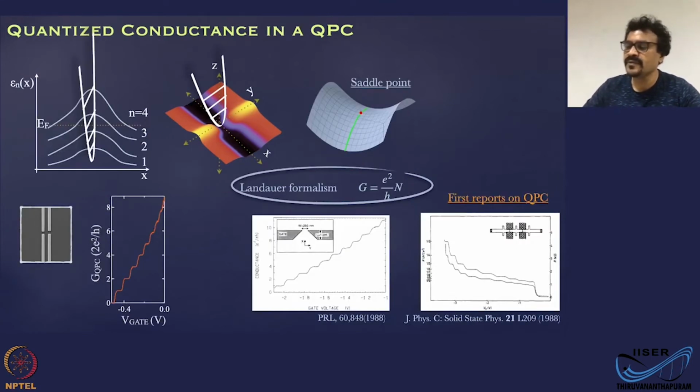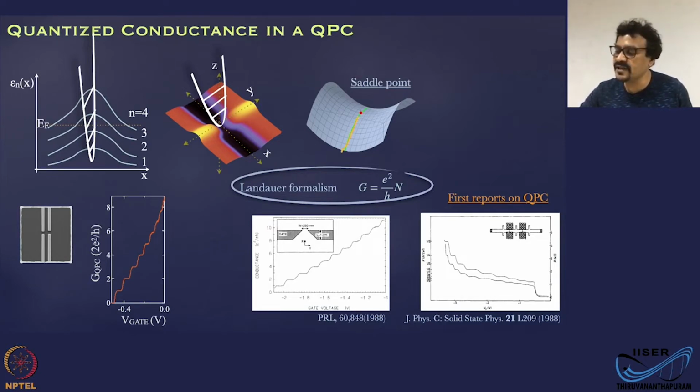Now let's look at the energy levels along the constriction. What you have is a constriction, and not just a constriction, you also have a saddle point in the middle of the constriction.